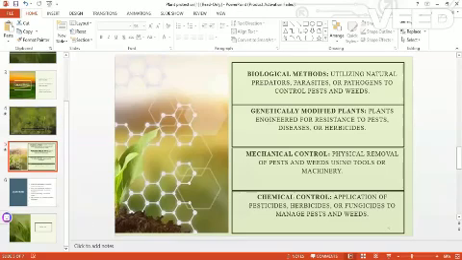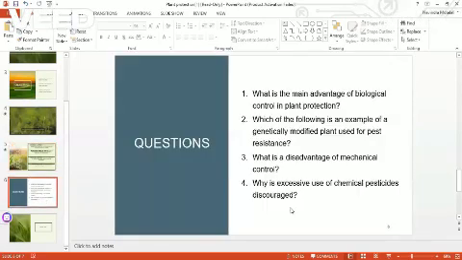So now we will move on to some questions. So the first question is, what is the main advantage of biological control in plant protection? I think the main advantage of biological control is that it doesn't use any chemicals because it uses natural predators to control the pests.